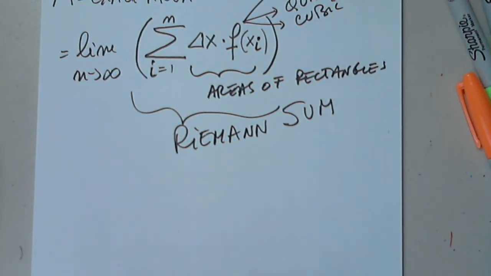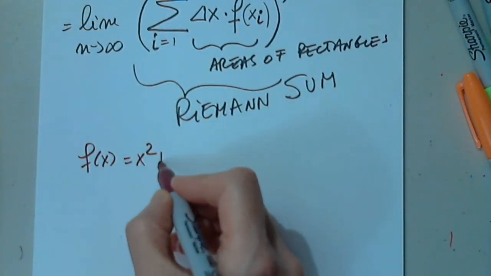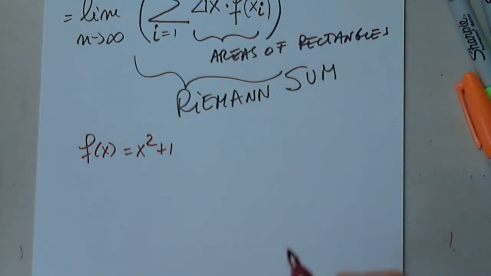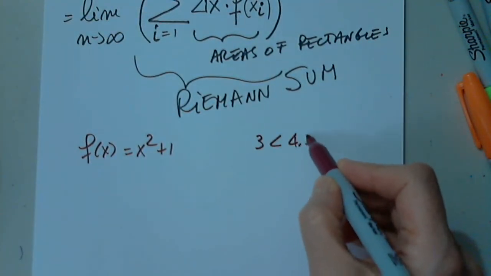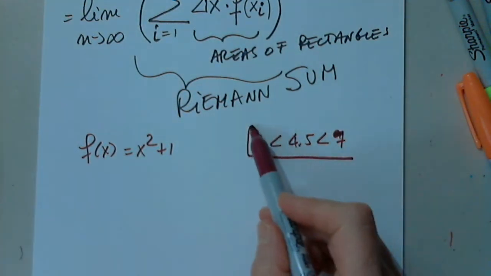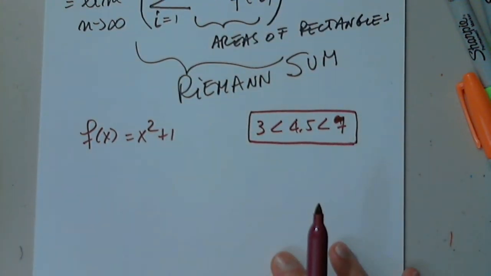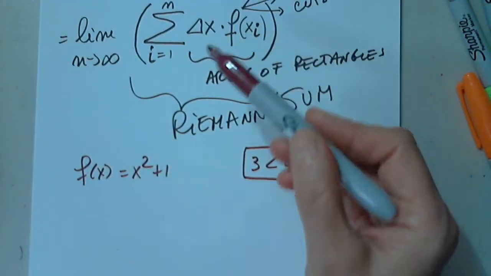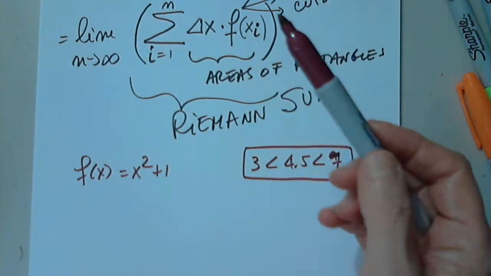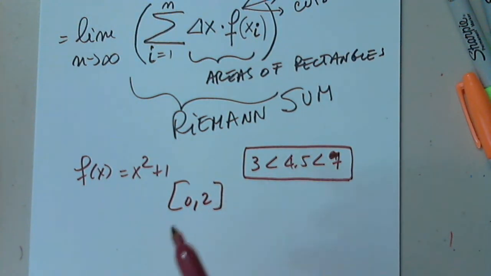If you allow me to, I would like to choose my favorite, because we already found that it was less than 7. We already found this. So all of them were approximations. So I would like us to use this function, and then I'll let you choose any function you want. This is our function. This is our interval. And we want to find the exact area. Is that okay with everyone?